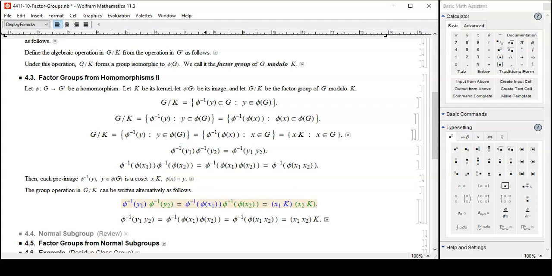Now let's take the other viewpoint, the right-hand side. What is the preimage of y1 and y2? Well, this y1 is phi of x1, and this y2 is phi of x2, and then this is a homomorphism, so I can put those together.